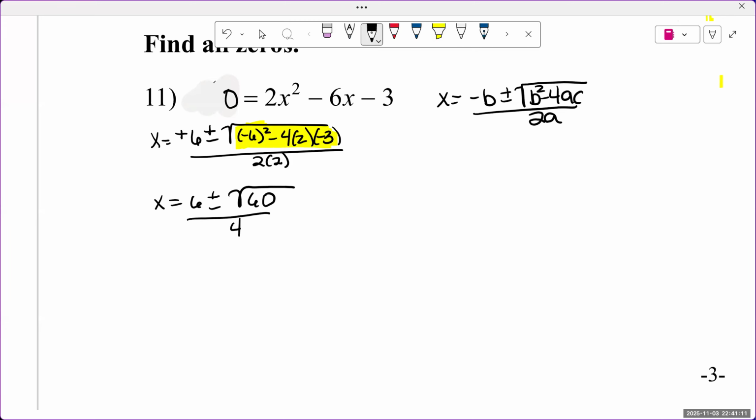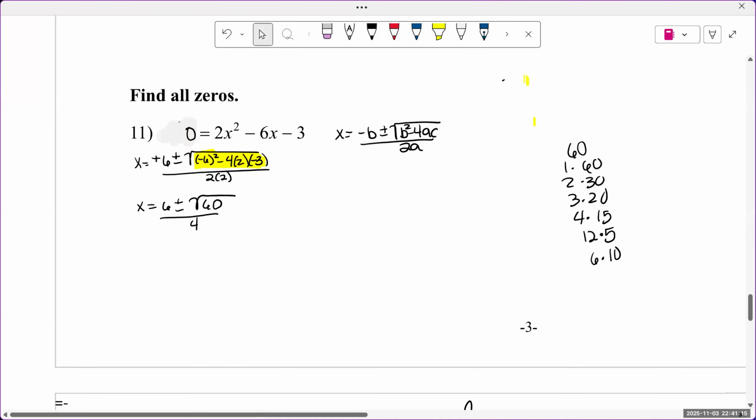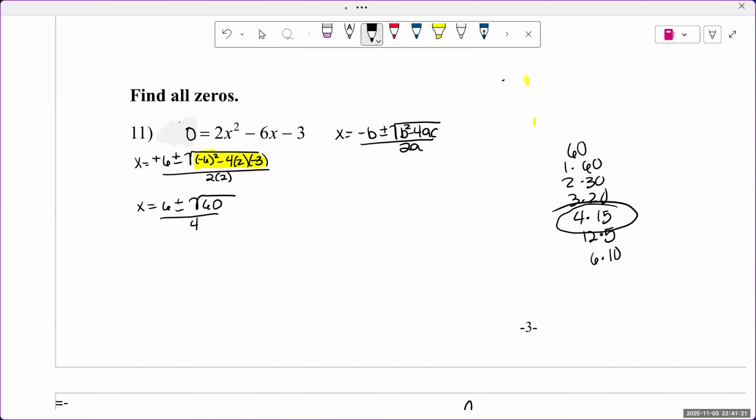Now, if 60 did not have any factors that were perfect squares, then we would be done. But here are the factors of 60, and it has a factor that is a perfect square. So 60 is 4 times 15, which is 2 rad 15. So we have 6 plus or minus 2 rad 15 over 4.